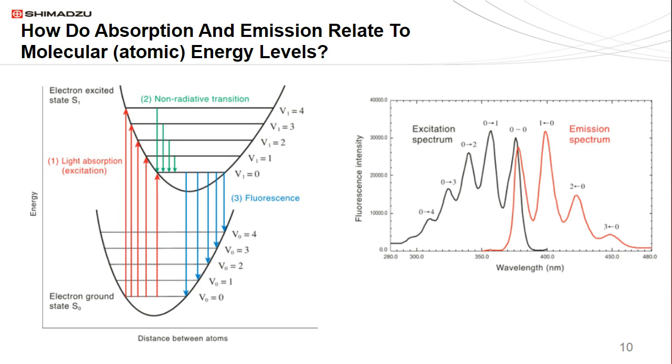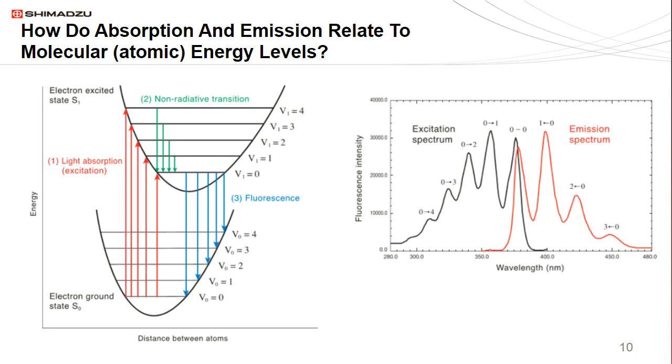And you'll notice that the emission spectrum is almost the mirror image of the excitation spectrum. And there's a reason for that. That's because the vibrational levels within the ground state and the excited state, here labeled by the indicator V, the vibrational structure of the excited state is a mirror image of the vibrational structure of the ground state.